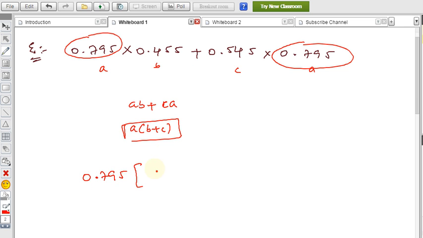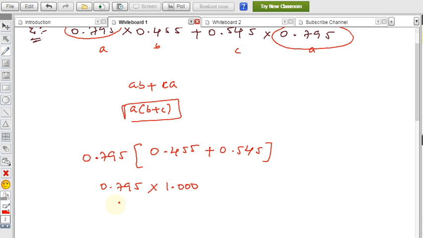If I take 0.795 common, now here 0.455 plus 0.545. So 0.795 into, just add these both. If you add both, you will get directly 1.000. Then 1.000 is nothing but 1. 1 into something is the same thing. So 0.795 is the answer for this.